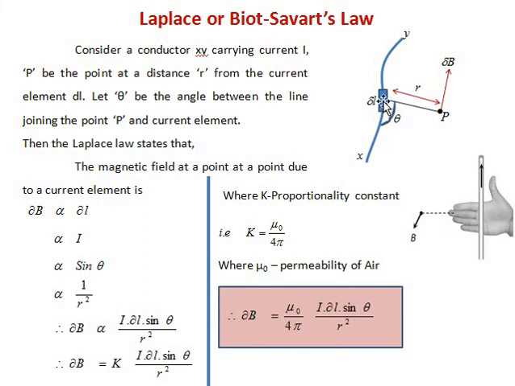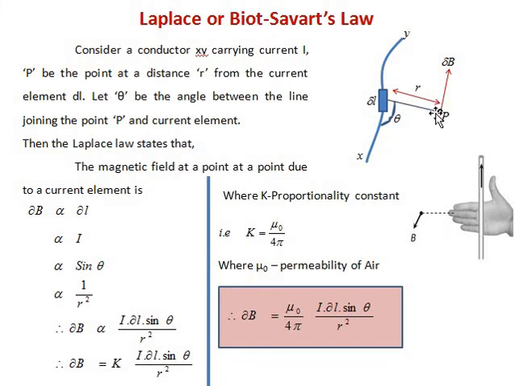In that dl the current is flowing and the magnetic field is developing around this small element of current. Then we are going to determine the resultant magnetic field at point P due to this small current element.